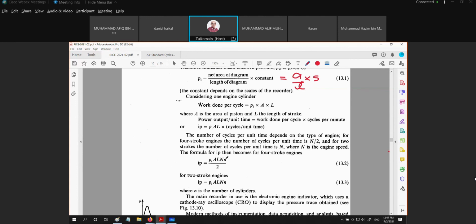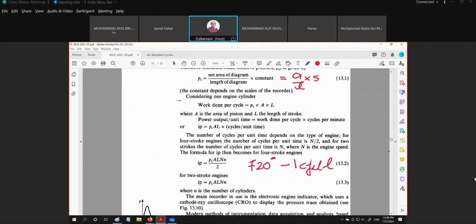Okay. And then why do we have to divide by 2? We have to divide by 2 because this formula is being used for a 4-stroke engine. We know that the PI occurs only once for every 2 turns of the crankshaft, because we have 720 degrees to complete one cycle.